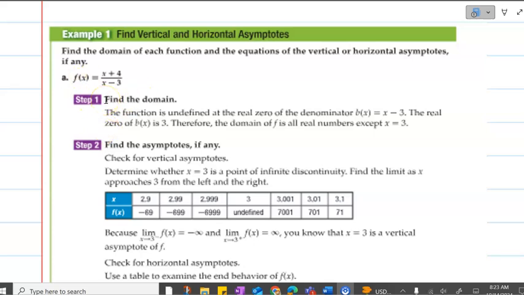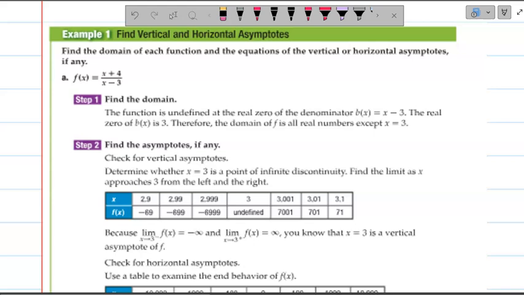The domain, we just zoom in on our denominator to look at the domain of a rational function. If we just look at our denominator, the denominator cannot be 0, therefore x cannot equal 3.